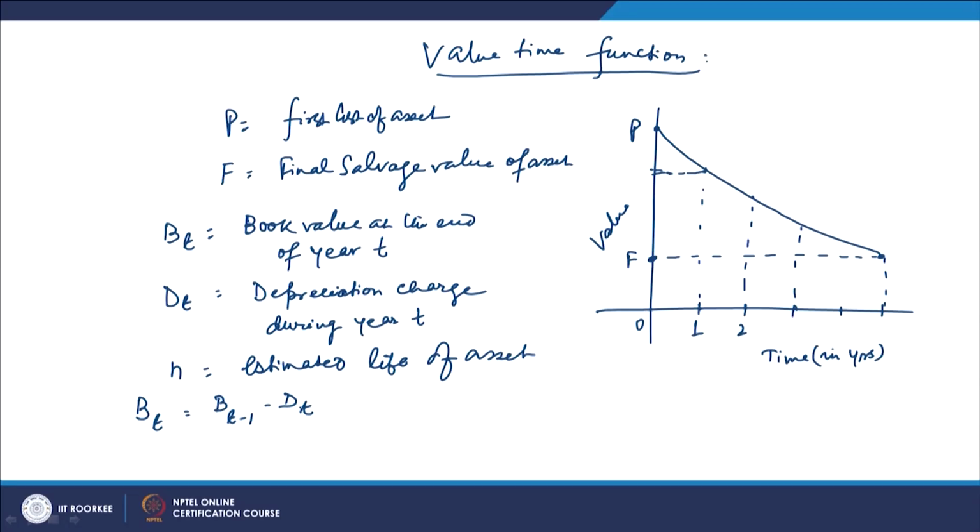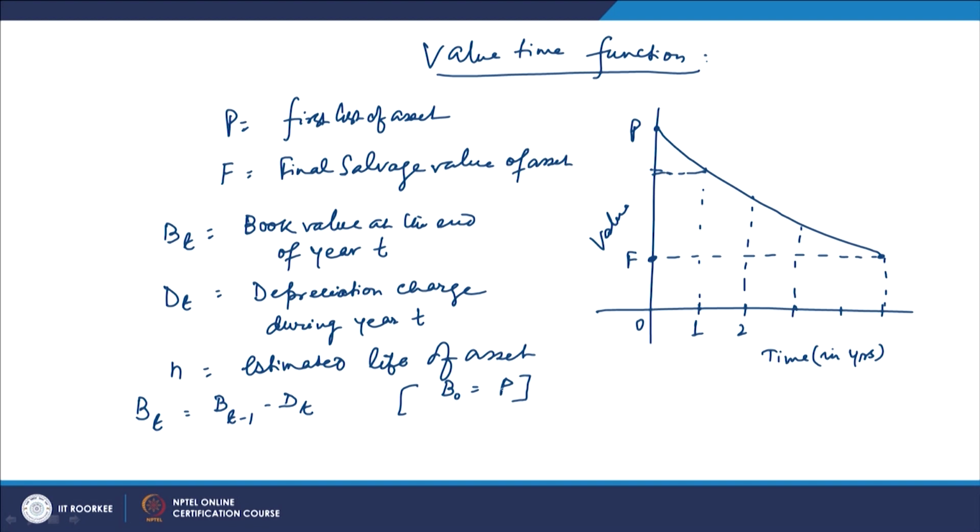Now, Bt minus 1 can be written as Bt minus 2 minus Dt minus 1. Like that, this will be an accumulated curve. In this case you have B naught equal to P, because the book value at the end of year 0 is P, the first cost of the asset.